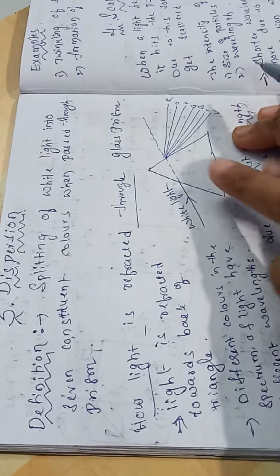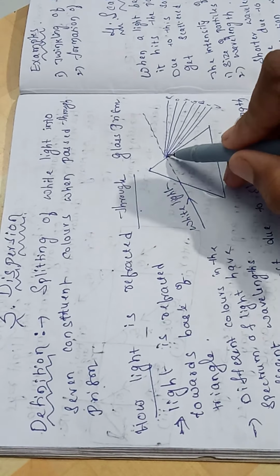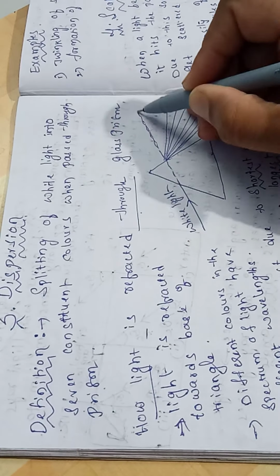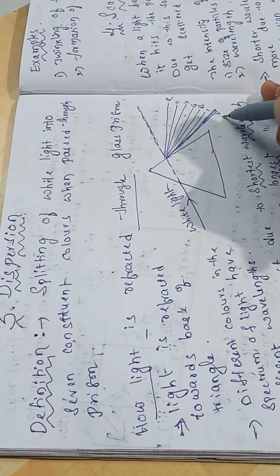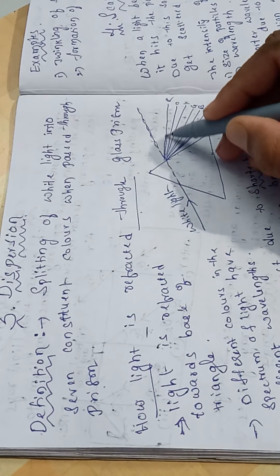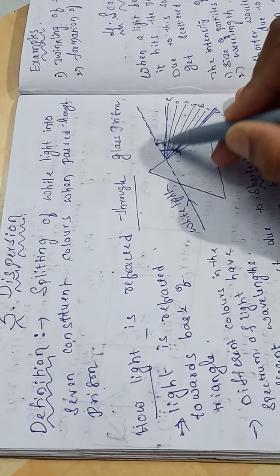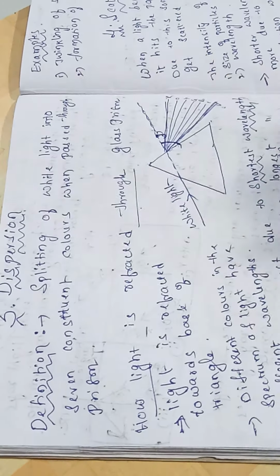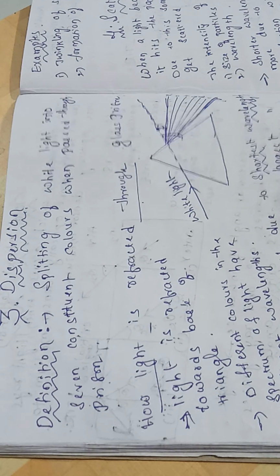Now if we see this with the diagram, violet bends more. If this is the incident ray direction, violet bends more because of its shortest wavelength. Red bends least. The angle of deviation is least compared to violet because of its largest wavelength. Then why is this light splitting into 7 colors?